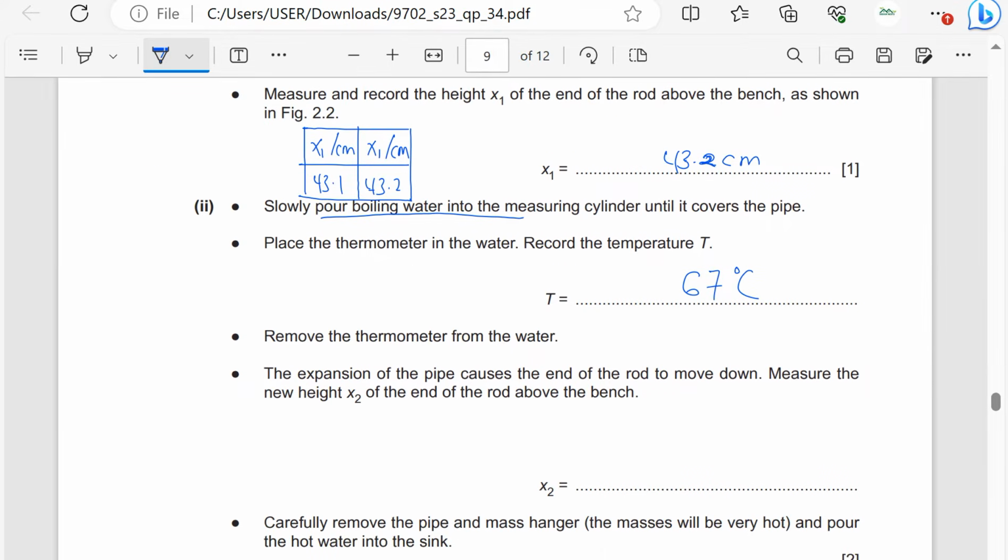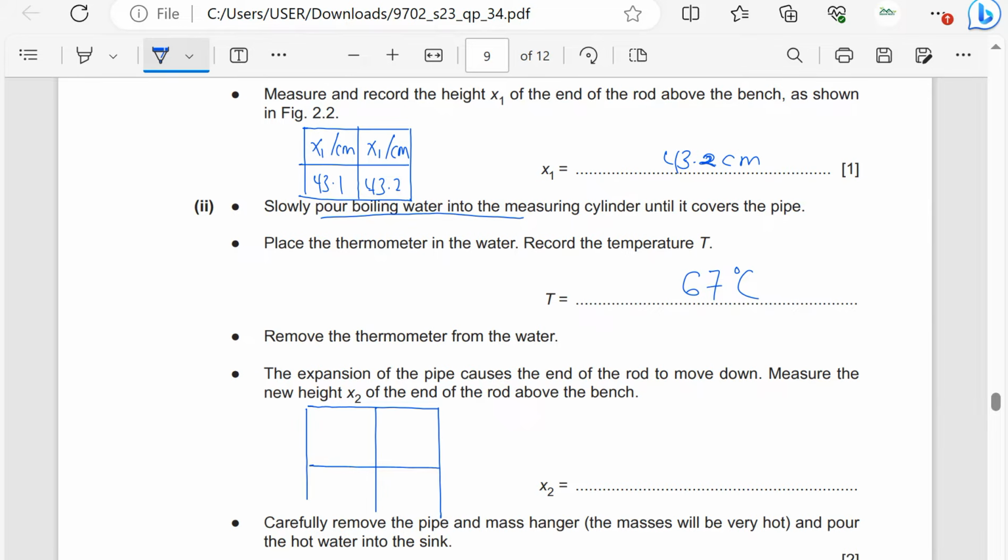My student again tried to do a repeated measurement, so she drew a table. It wasn't necessary to do a repeated measurement here, simply because the ruler could be brought closer.